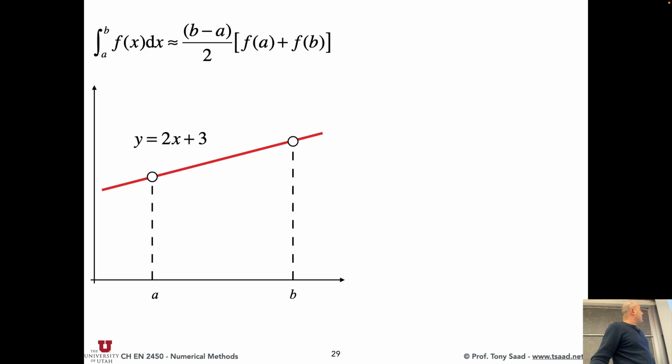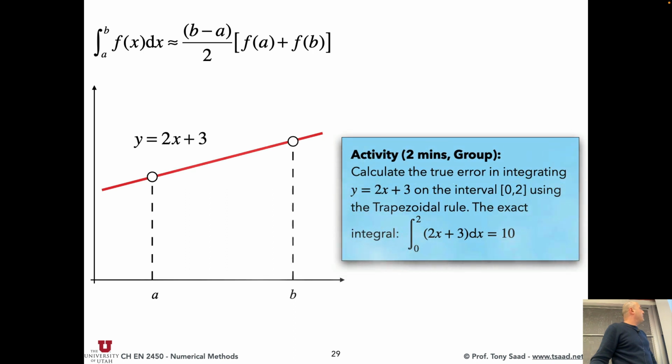Okay, so now consider the function 2x plus 3. I have this question for you. Calculate the true error in integrating y equals 2x plus 3 on the interval 0 to 2 using the trapezoidal rule. Wait, wouldn't there be 0 error?